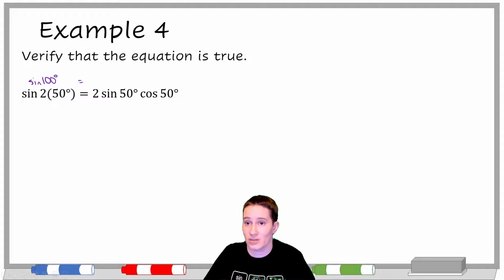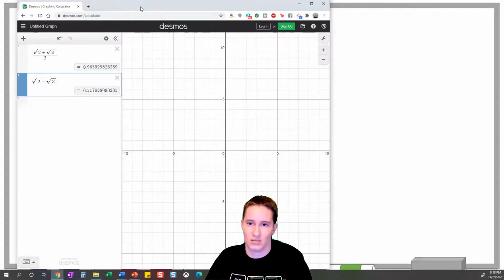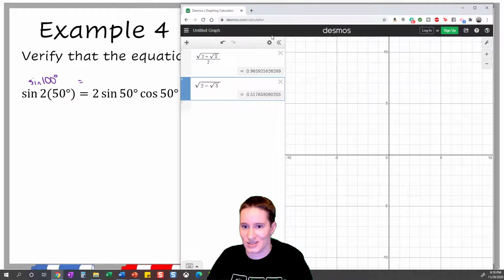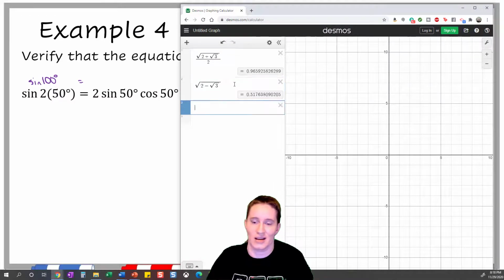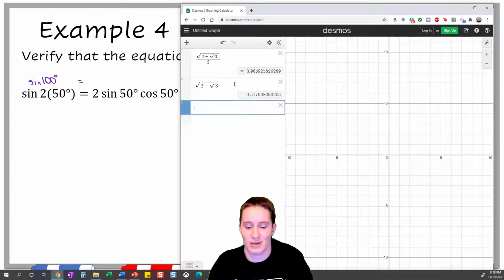So how do we figure this out? We grab our calculator because we don't know anything about sine or cosine of 50. We could use trig tables, I guess, but I still haven't ever used a trig table. Kind of like to see how long that lasts. No. I'm going to make a video about it at some point.